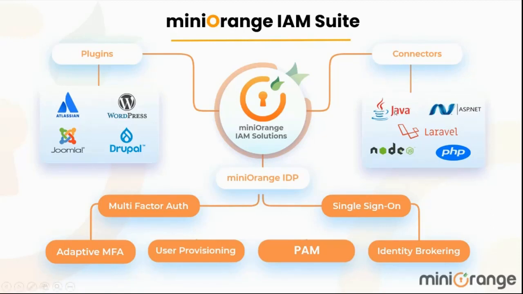For example, if you have an application built on Java, we have a connector for Java, Laravel, Node.js, PHP, or any other. Our main IDP features are single sign-on, multi-factor authentication, adaptive multi-factor authentication, user provisioning, privileged access management, and identity brokering.